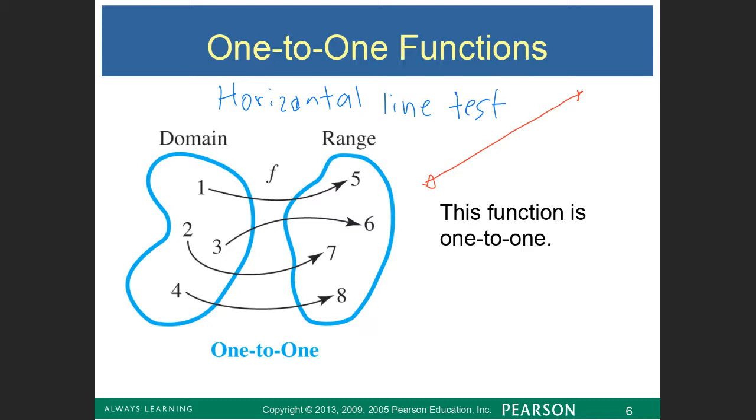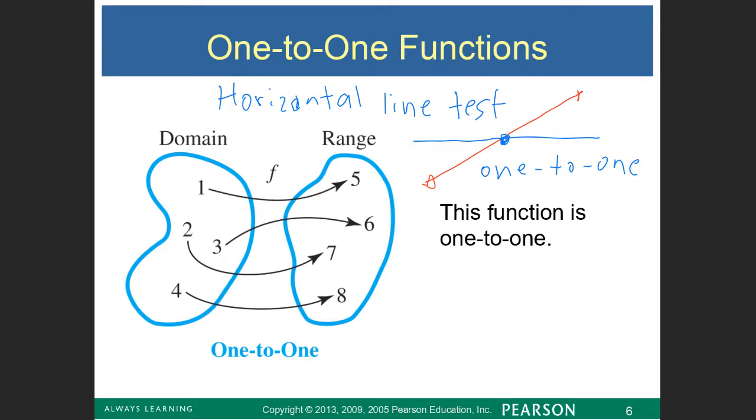Here, we're using the horizontal line test to test if this is one-to-one. So if you draw a horizontal line here and it intersects only one point, then this is one-to-one.